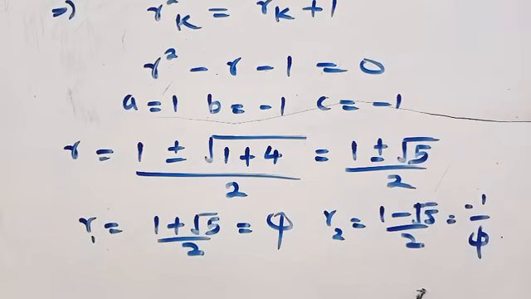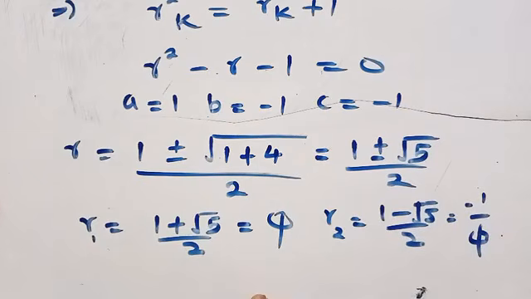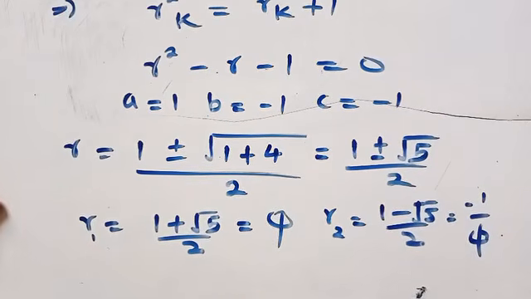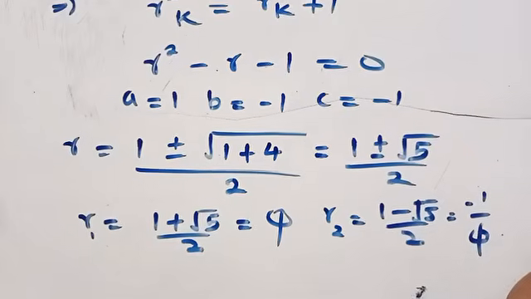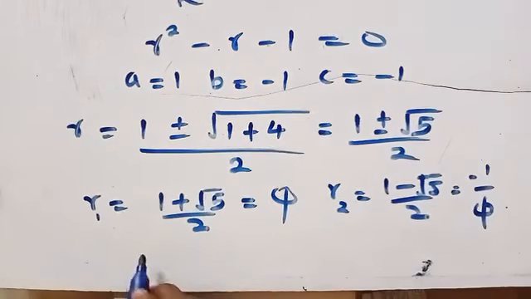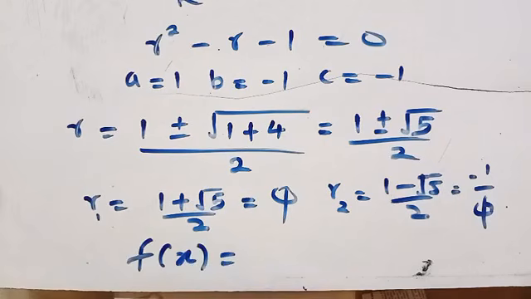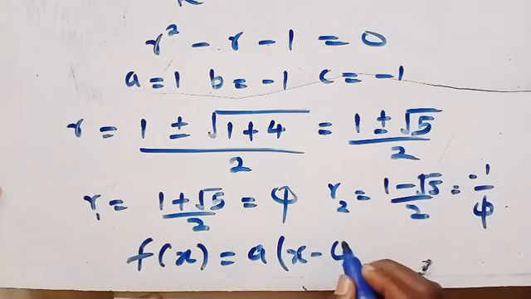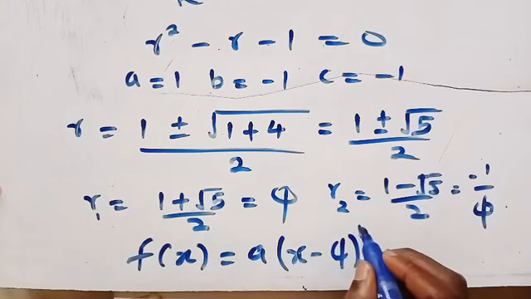Since we have gotten these two expressions, we have to make this one general at this point. So in the general way of this, we just consider that the p of x here for f of x that we have is given as the constant coefficient, which is a, into bracket of x minus the first one that we get, which is the golden ratio. So we put it here, then raised to power of m.